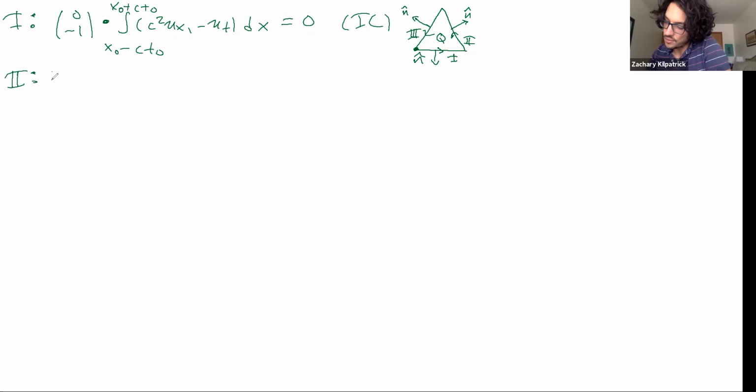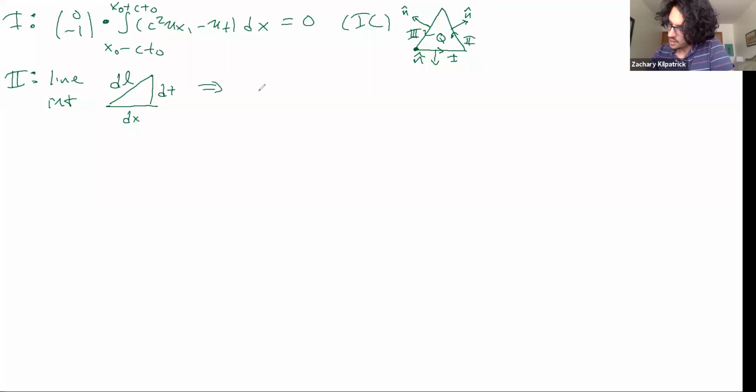How about segment 2? Again, this is going to be a line integral, and we have to think a little bit harder about this. Our line integral in this case has a dt component and a dx component that contribute to the differential along the directional line. In this case it's going up and to the left, but I'm just sketching this here.